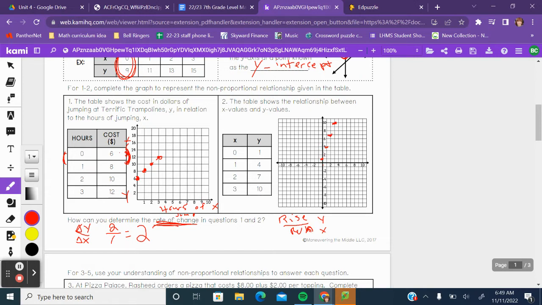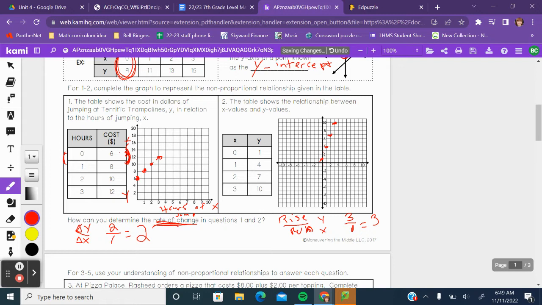How many did I go up? 1, 2, 3. So that's my rise. My run is how many over from this point to this point. I went over 1. So my run is 1. So that means my rate of change is 3.